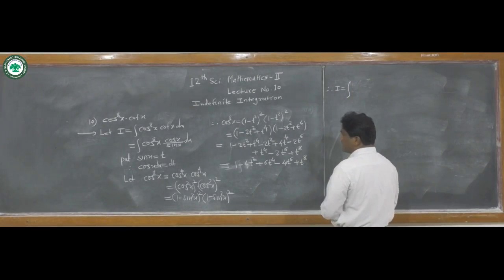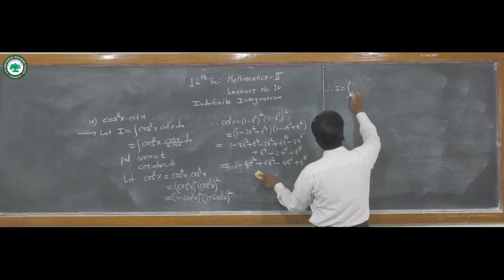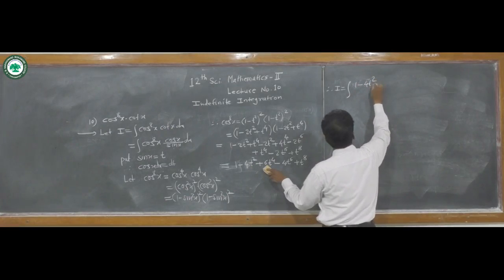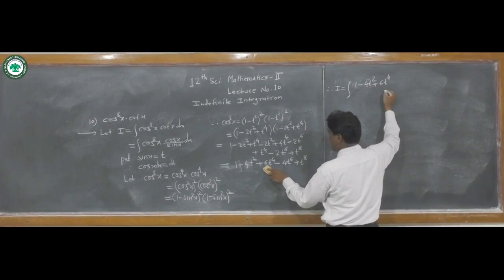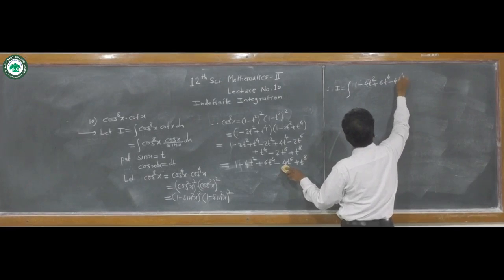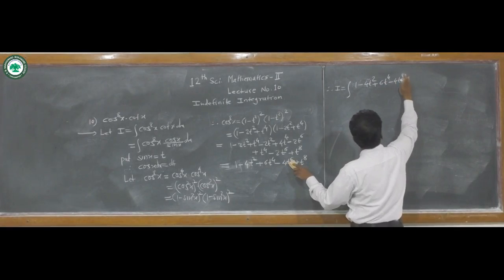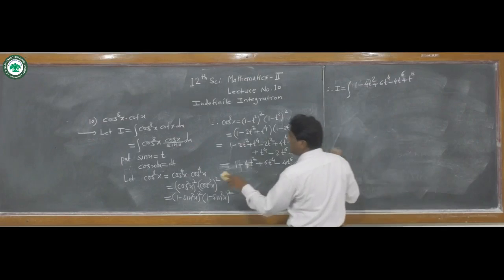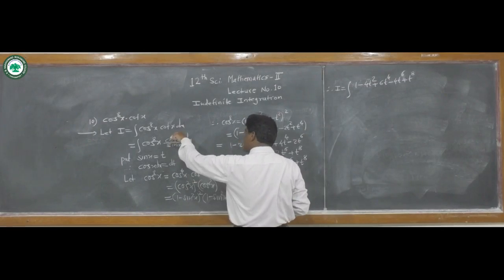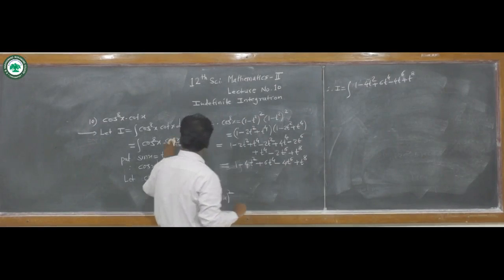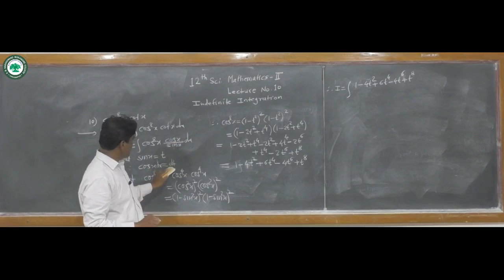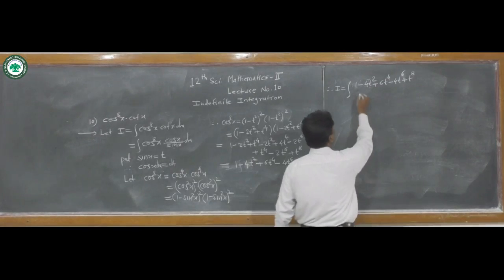I is equal to cos raised to 8x, which is 1 minus 4t square plus 6t to the power 4 minus 4t to the power 6, then here plus t to the power 8, and divide into cos x. Into cos x dx, that is dt, cos x dx is dt, and sin x is t, so upon t.